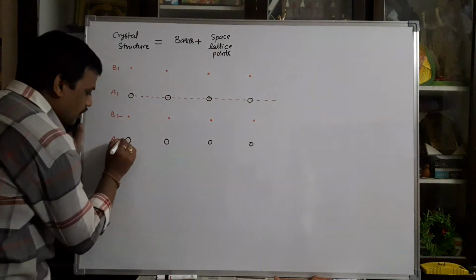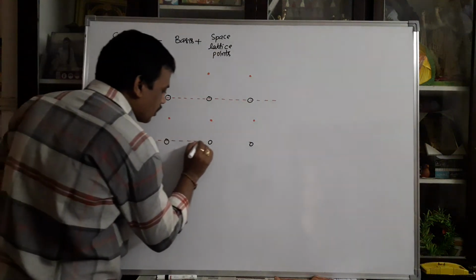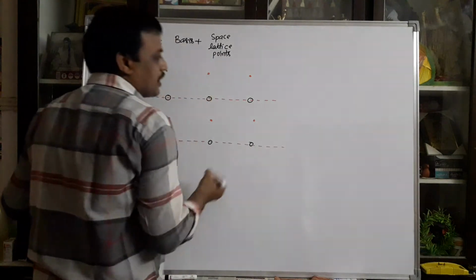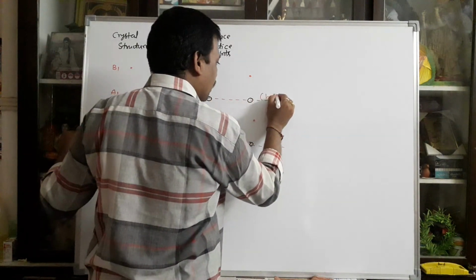A2 is also a lattice plane, having the Miller indices h, k, l.